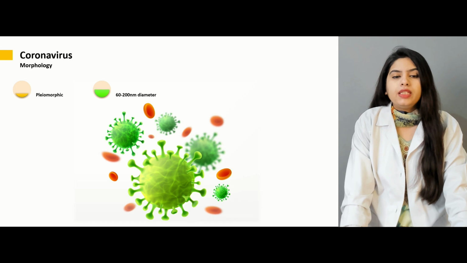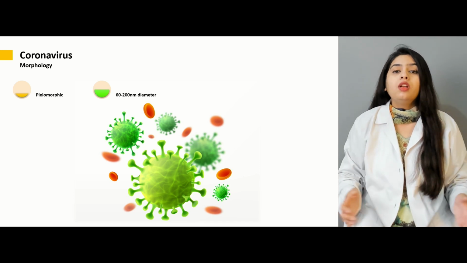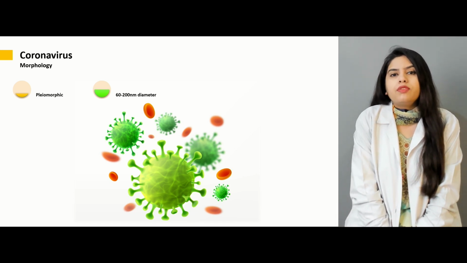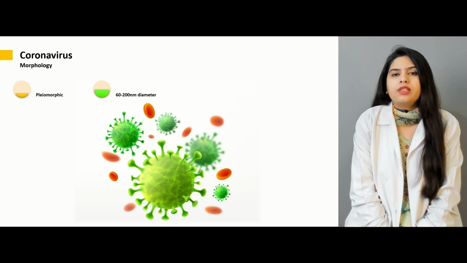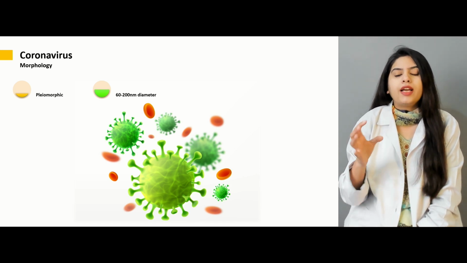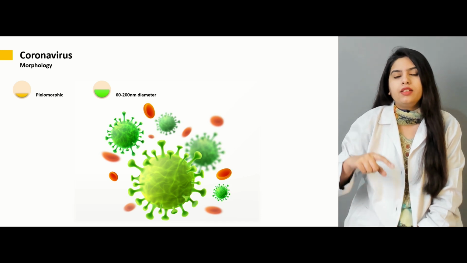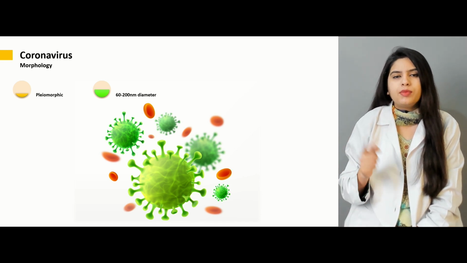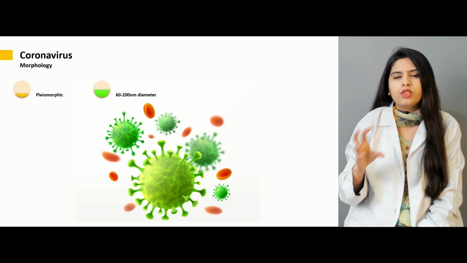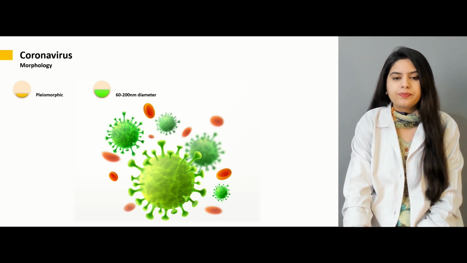Then the diameter of these coronaviruses is 60 to 200 nanometer. When we were studying the difference between the coronavirus and the torovirus, I told you that the diameter of coronaviruses is between 60 to 200 nanometer, and that of the torovirus is between 120 to 140 nanometer only.